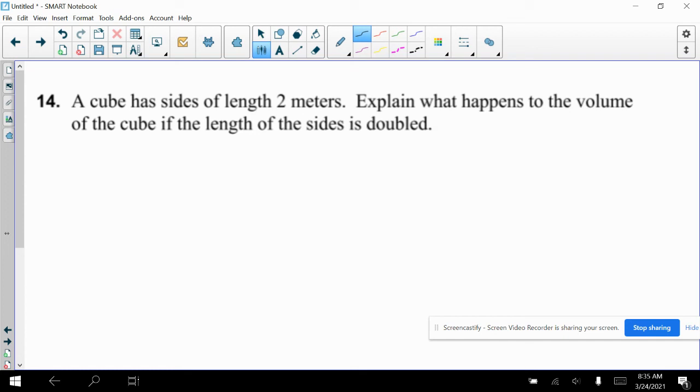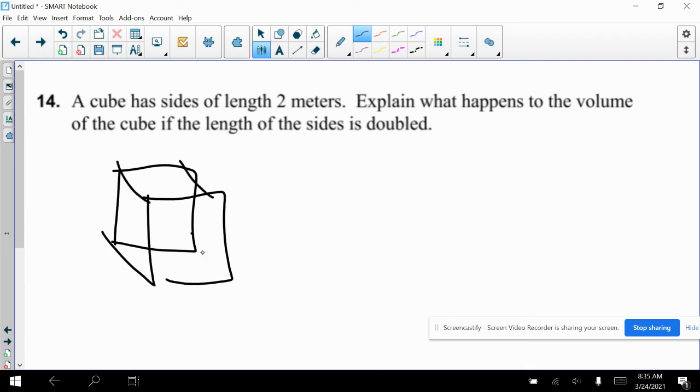Do not try these in your head. So we're going to have a cube, right? It said the length was 2 meters, yes? So what is the volume of this object? Michael? 8 meters cubed. That's correct.